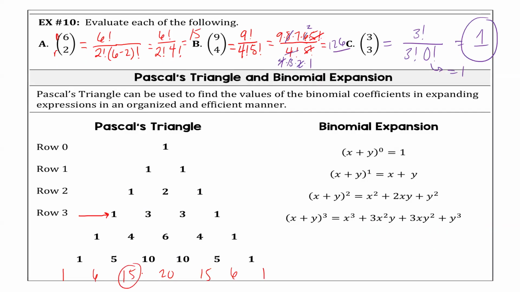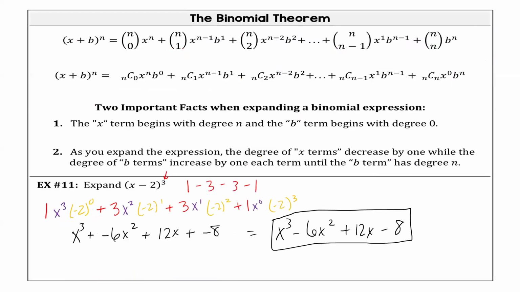And we found which value on row 6? 0, 1, 2, 3, 4, 5, 6. Seventh row, but it's row 6 of Pascal's triangle. Remember you're adding. Oh, I understand the whole triangle now. Good.